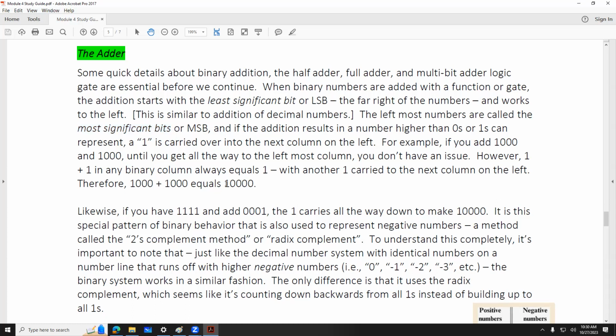So in this binary number, which of these values is the most significant? What would you guess? The one. Okay. Could you say that the one represents more quantity than any of the other bits? Yes.